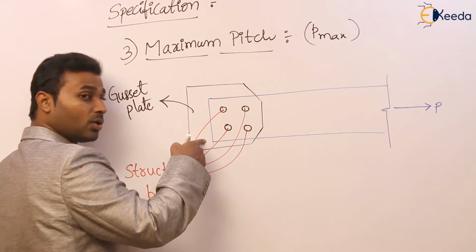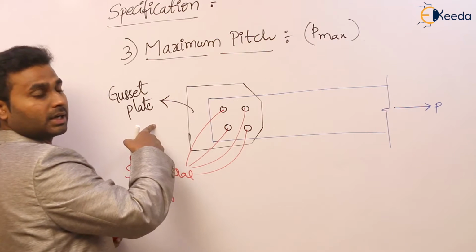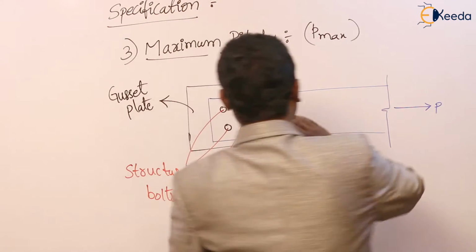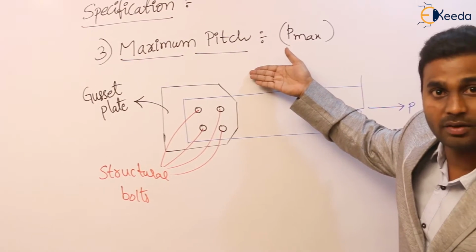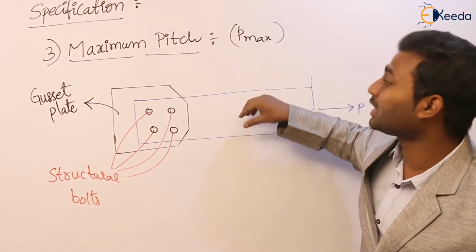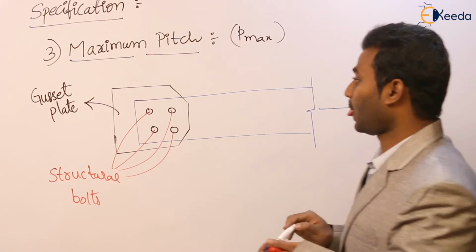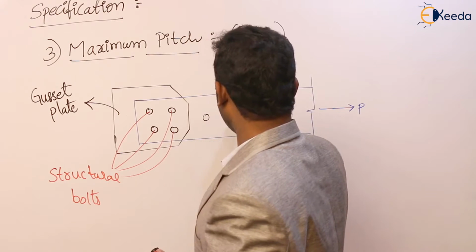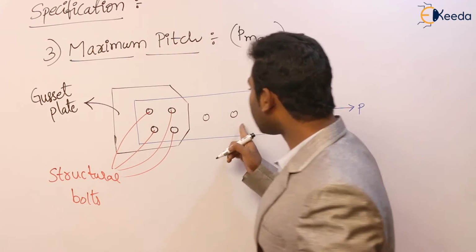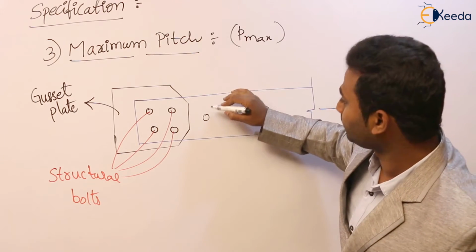Because they are taking the load and transferring it from one plate to another plate. Clear? And as we discussed, there exists one more plate at the back of this. This plate is connected to that plate by using a bolt. Those are known as tack bolts. So these are tack bolts here.